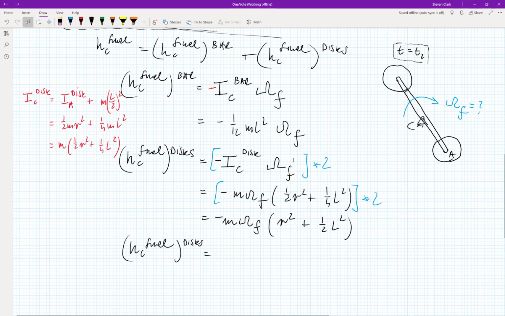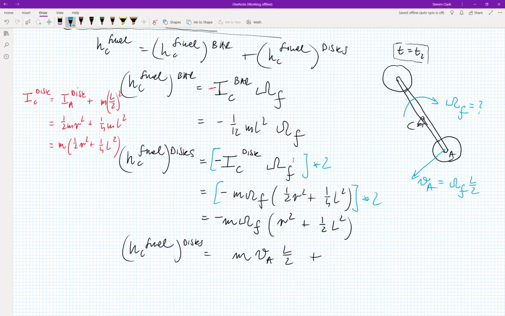So here I can actually write m VA times L half. Plus, and by the way, that VA is here. Since point A belongs to the bar, I can say that our VA is equal to omega final L half.